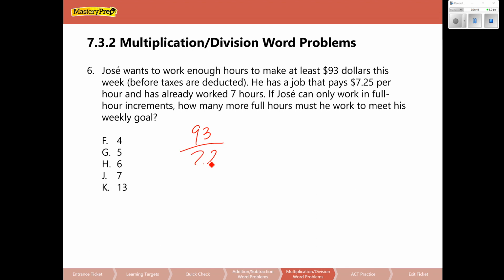So we can divide it. So we can say 13, subtract 7, which gives us, so the correct answer is 6. Questions on these here?